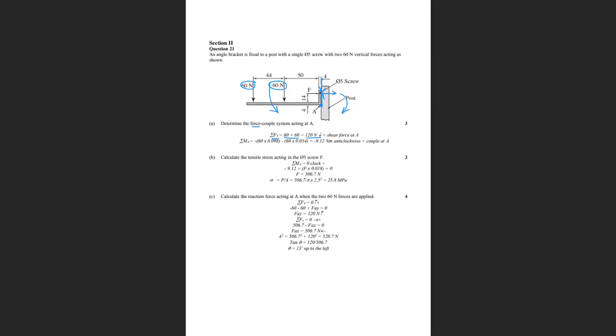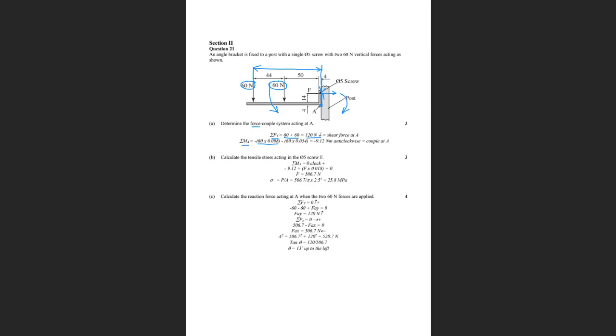So you say the sum of the moments about A, so you've got minus 60 multiplied by 0.98, and don't forget you've got to go right back to the point of rotation, and it's that distance there. So you've got to add up all of those values because you've got to get the correct lever arm.